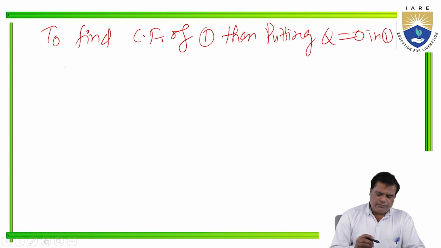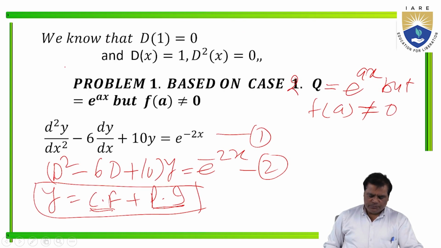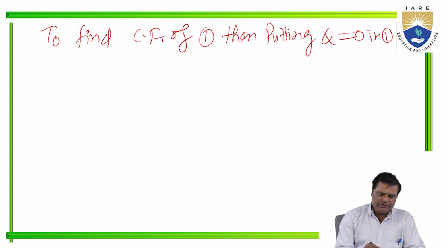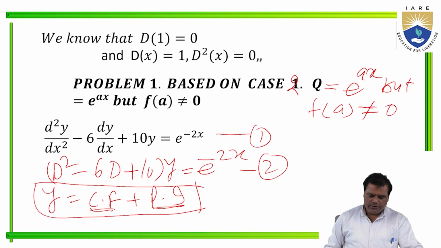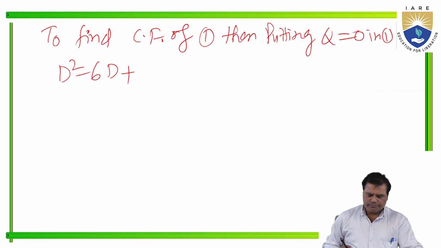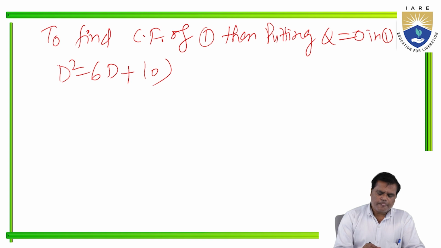So this becomes d square minus 6d plus 10, into y.